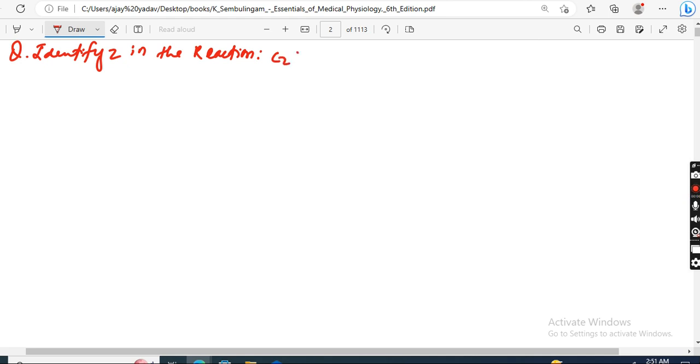This is your C2H5Cl, which when reacted with alcoholic KOH gives X. This is reacted with bromine, which forms Y, and this is reacted with KCN and forms Z. So we have done this type of questions.